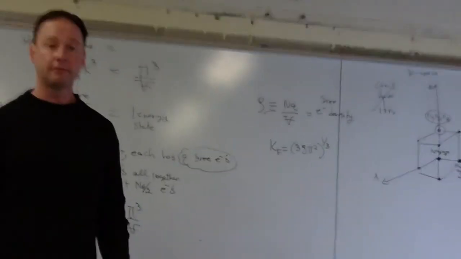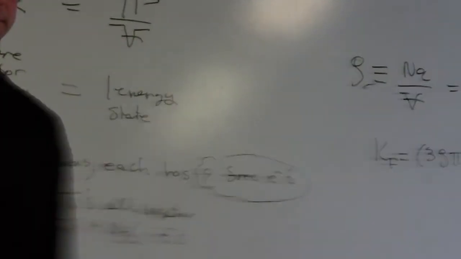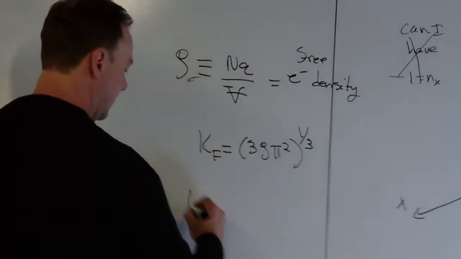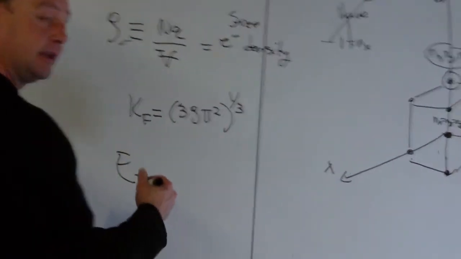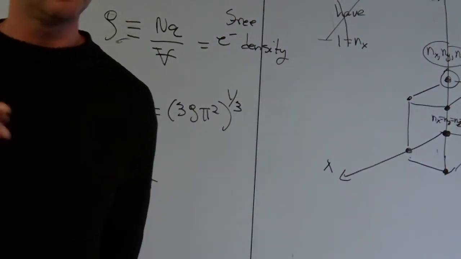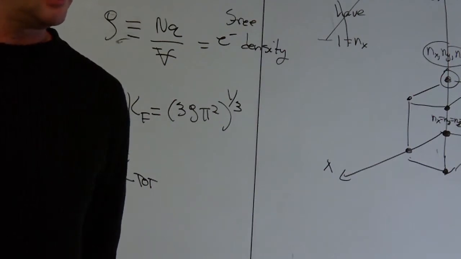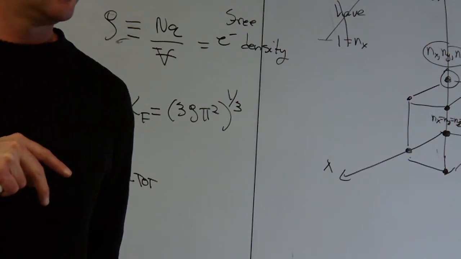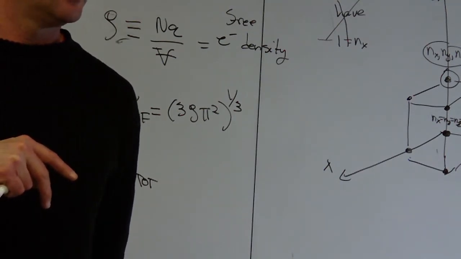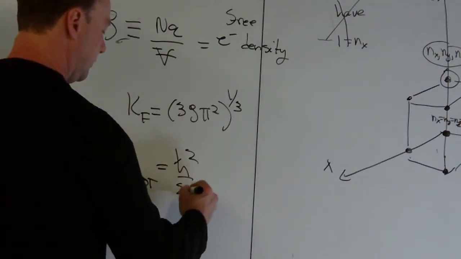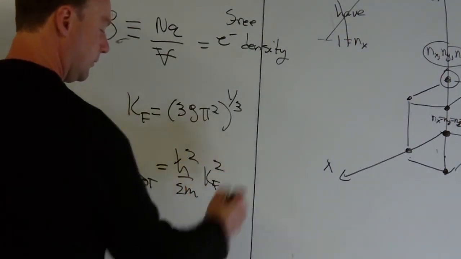So essentially that's the Fermi wave number. Now here's the big kicker. Remember E total in these spherical coordinates: E total was h bar squared over 2m times kx squared plus ky squared plus kz squared. Now we're in spherical coordinates, so it would just be h bar squared over 2m kf squared.